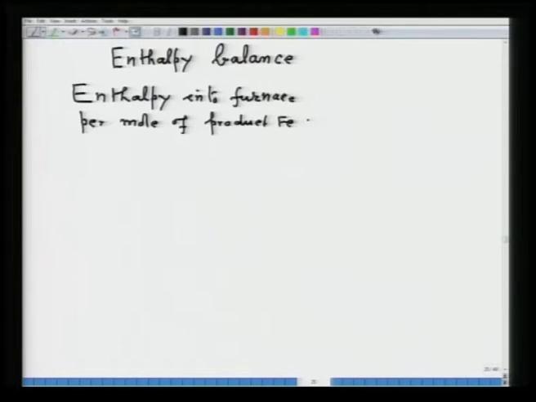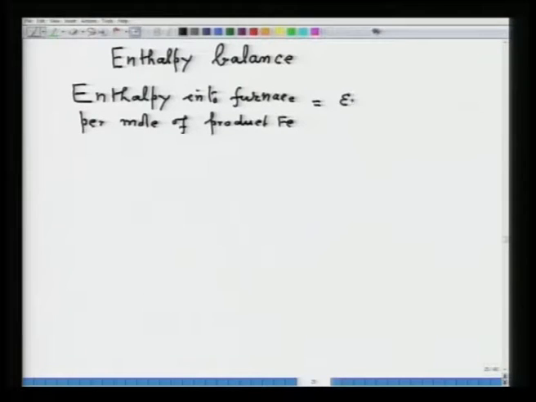So, later on when we add any element to iron, then we have to see that we have developed it for 1000 kg of product iron. That will be equal to enthalpy out, again per mole of product iron.